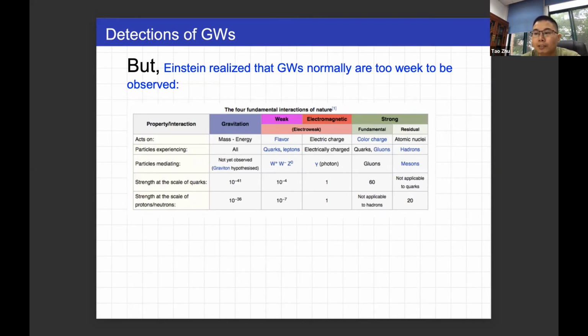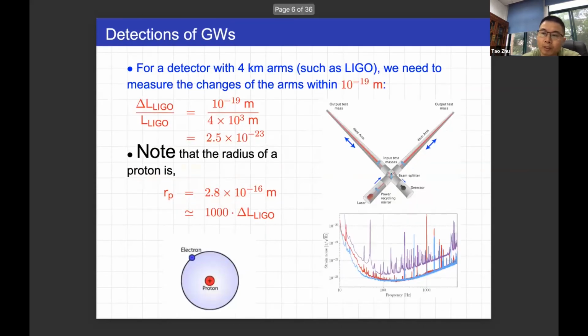The main reason is that the gravitational interaction is the weakest among the 4 fundamental interactions in nature. For example, in order to detect gravitational waves with a detector with 4 kilometer arms, for example LIGO, one must be able to measure the length change of the arms within 10 to the minus 19 meter.